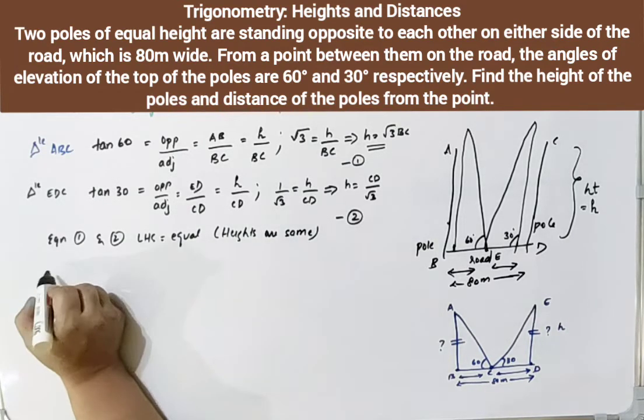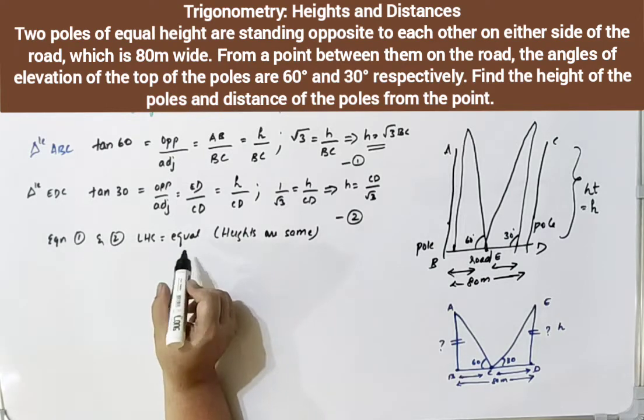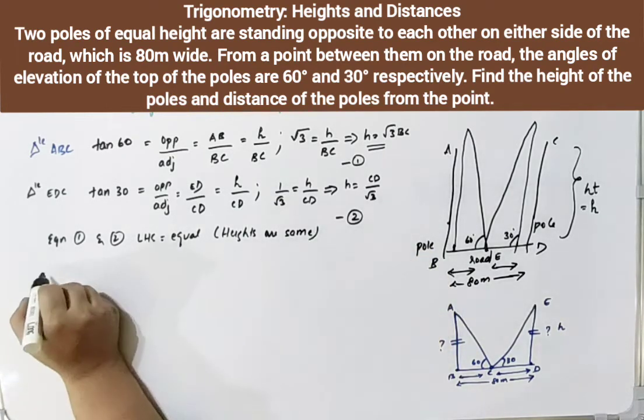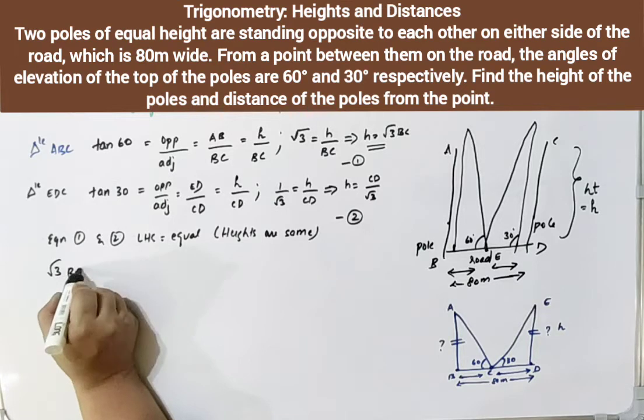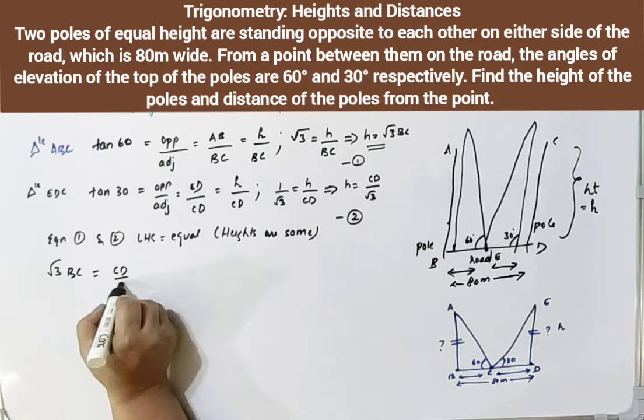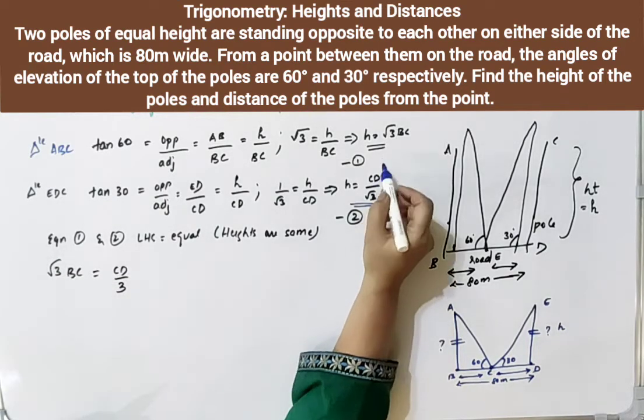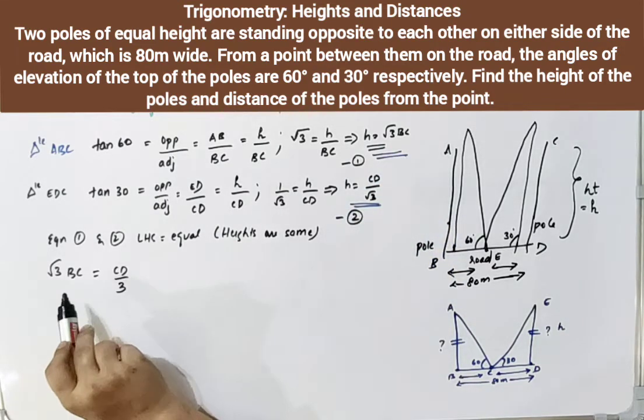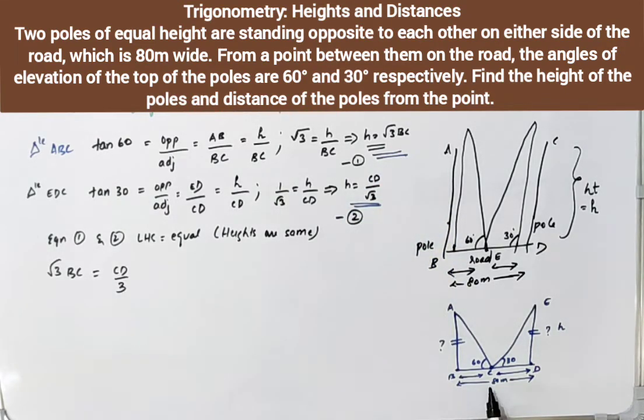So since the LHS are equal, the right hand side is also going to be equal, which is nothing but root 3 BC is equal to CD by root 3. We know that BC and CD together, B to D is 80 meters. So what will be BC? BC would be 80 minus CD because this entire thing is 80, right?